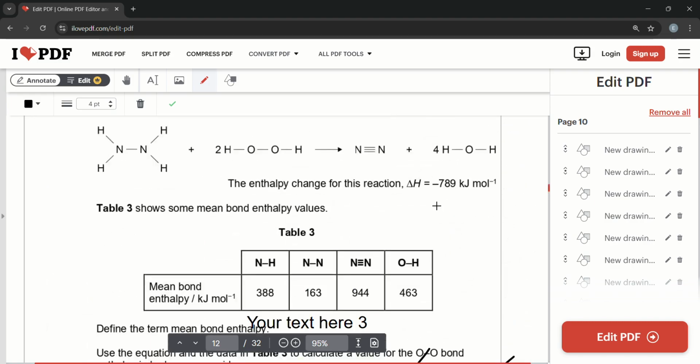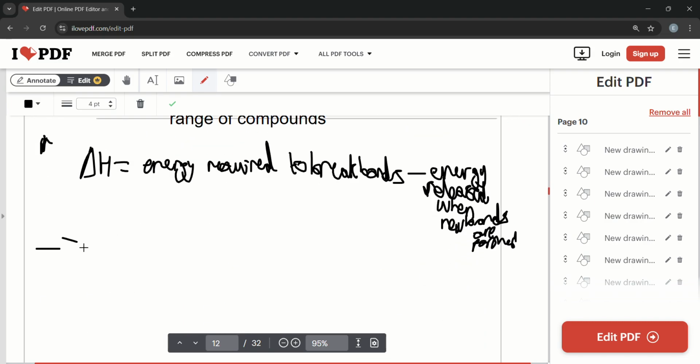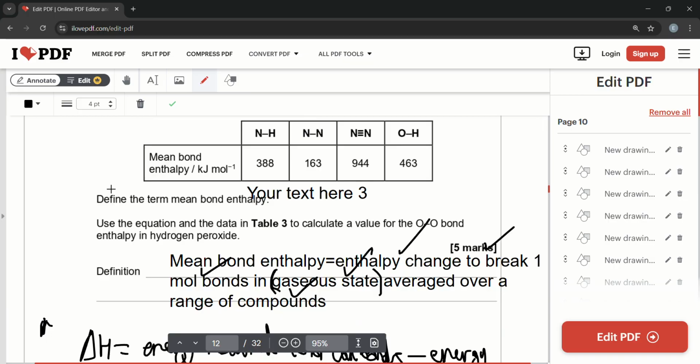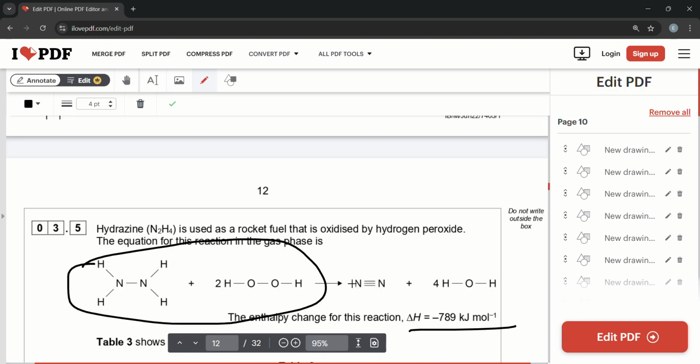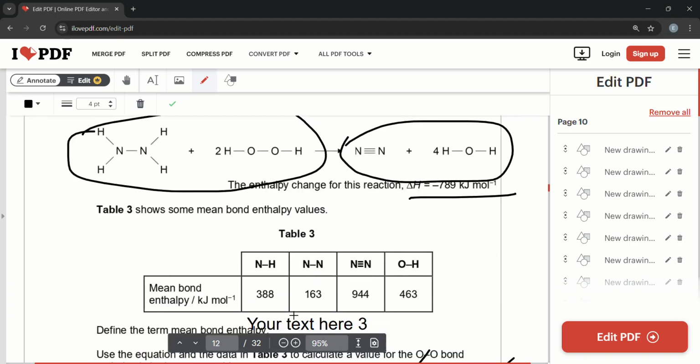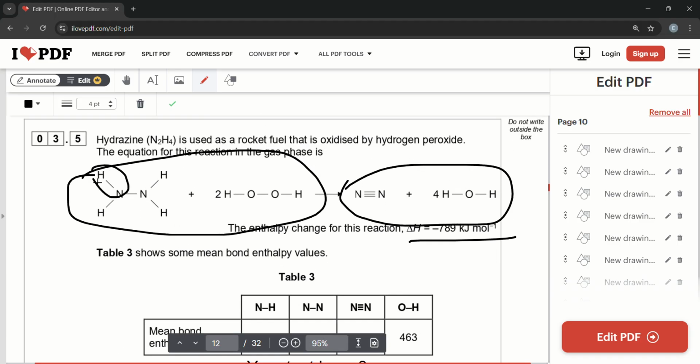So you know delta H is minus 789. Minus 789 equals energy required to break bonds, so this whole thing, minus energy released when new bonds are formed, minus this whole thing. So with this thing, how many N-H bonds have we got? We've got 1, 2, 3, 4, and we've got 1 N-N bond.